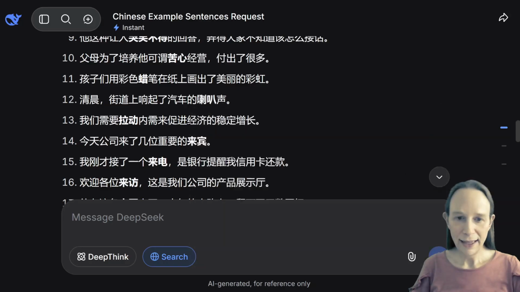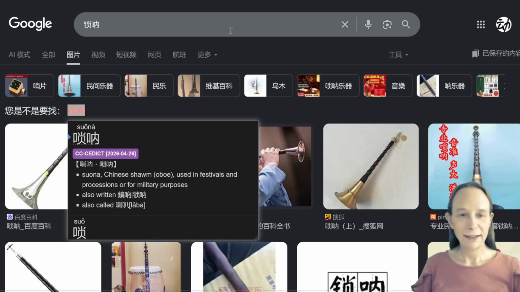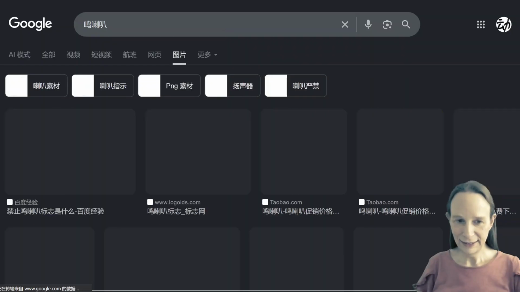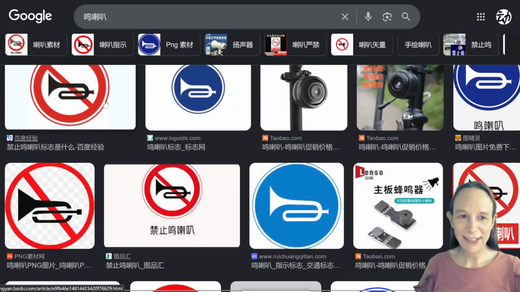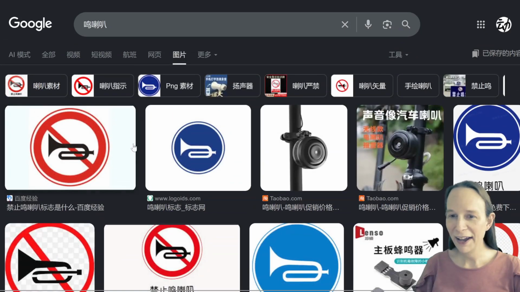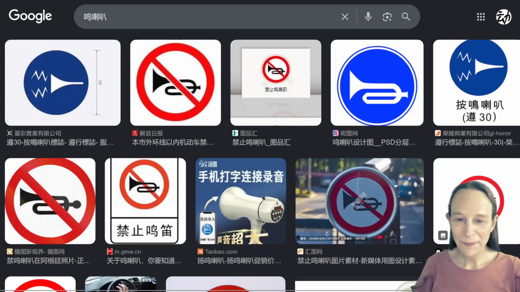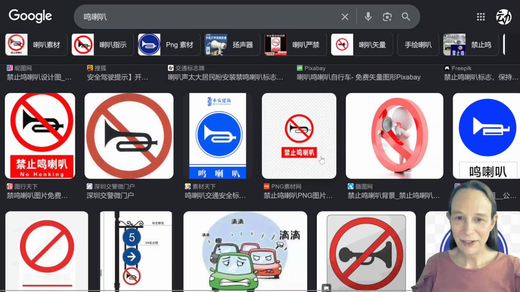喇叭, so you 鸣喇叭. What do you do with the 喇叭? You 鸣喇叭. Or if you have this sign here, you don't 鸣喇叭. 禁止鸣喇叭.